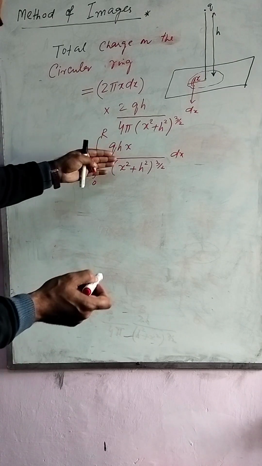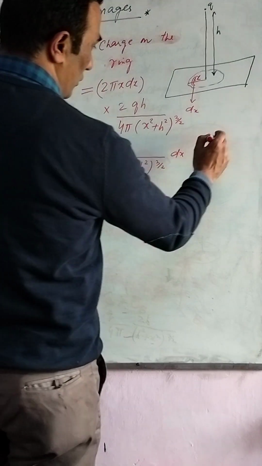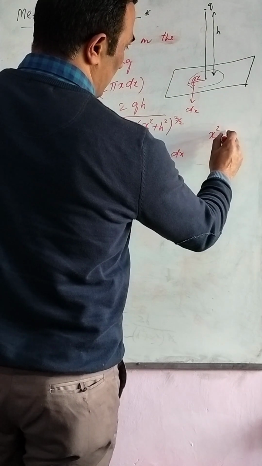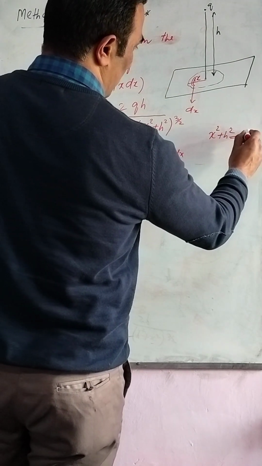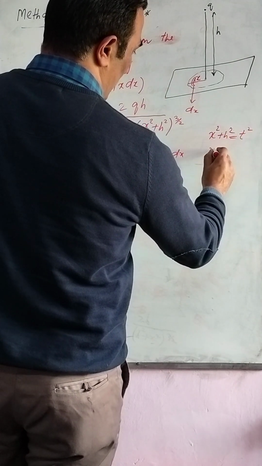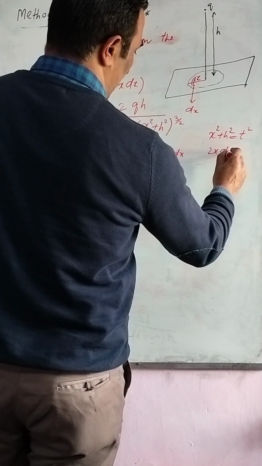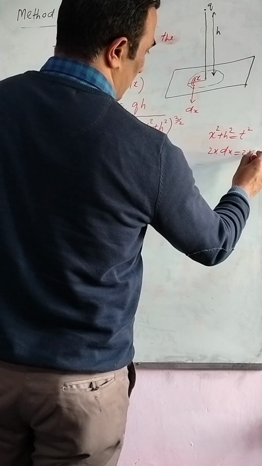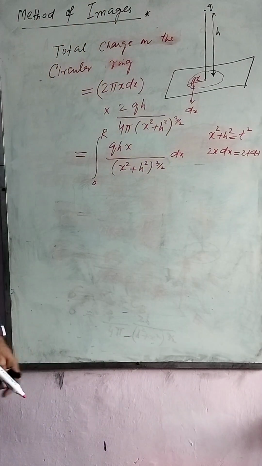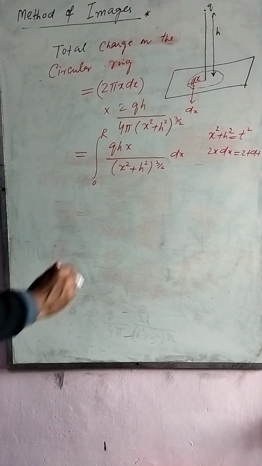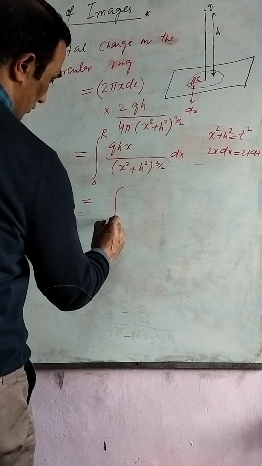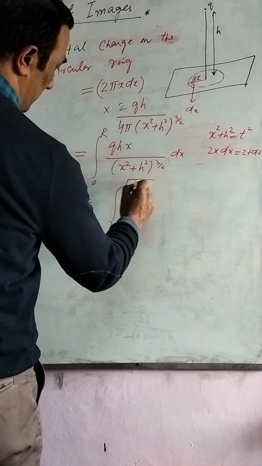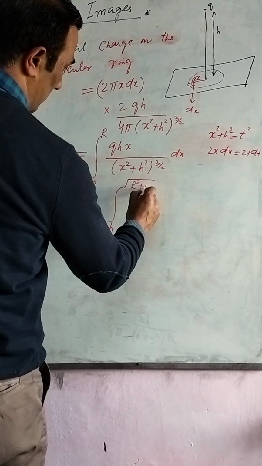So it is simply that you need to put x square plus h square equal to t square. Then you can write that 2x dx will be equal to 2t dt. And you also change the limits. So the limits will go from h to square root of r square plus h square.